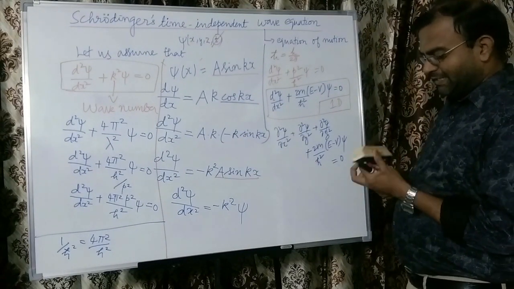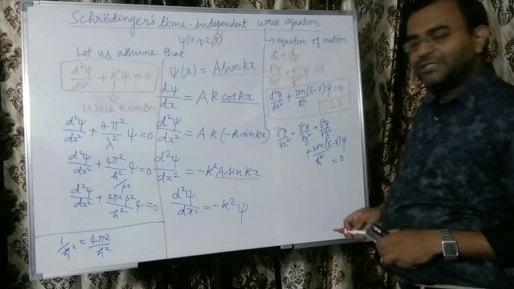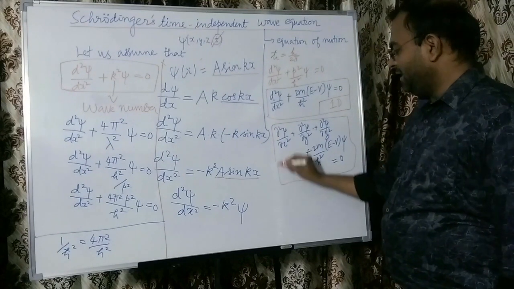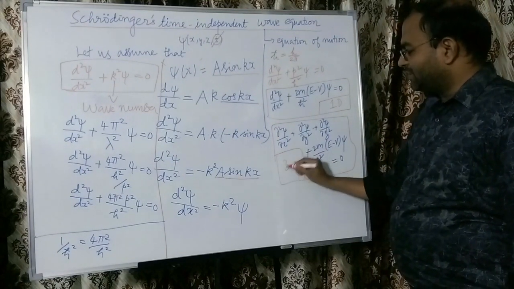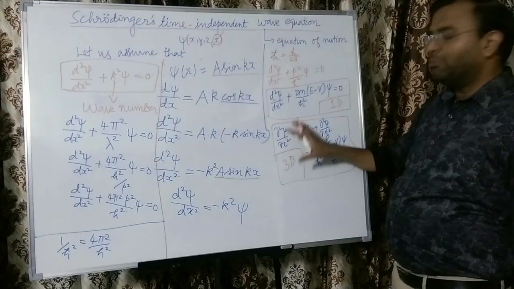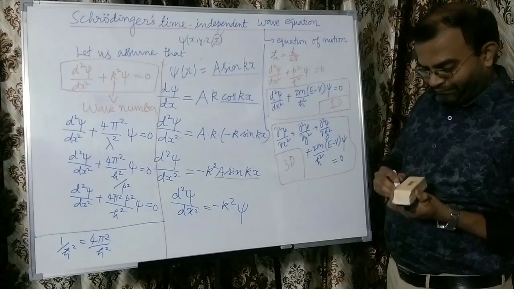So this is the Schrodinger's time independent wave equation in 3 dimensions, the most general form.